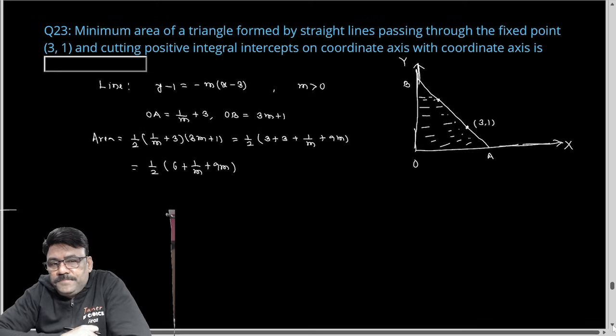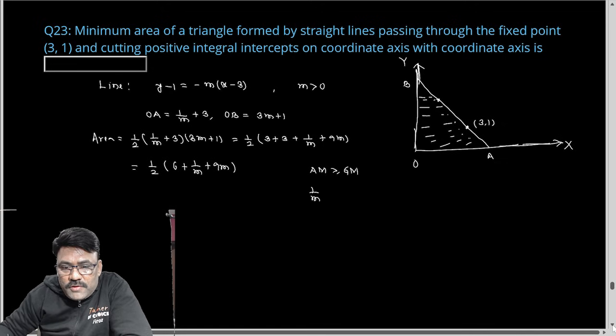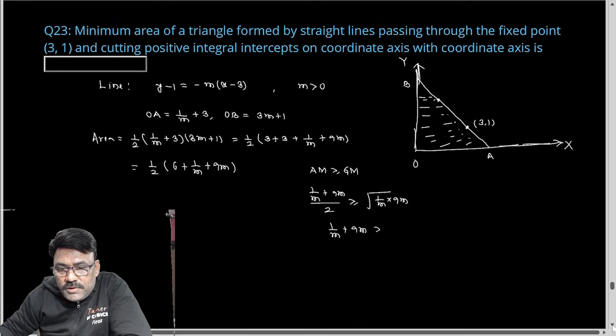This is the area. Now you have to minimize this area. If I use AM-GM on 1 by m and 9m, we know that AM is greater than or equal to GM. The arithmetic mean of 1 by m and 9m is (1 by m plus 9m) by 2. The geometric mean is the square root of 1 by m into 9m. So from here you can say that 1 by m plus 9m is greater than or equal to 6.